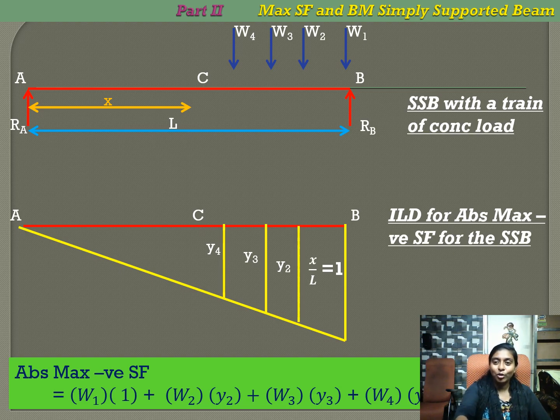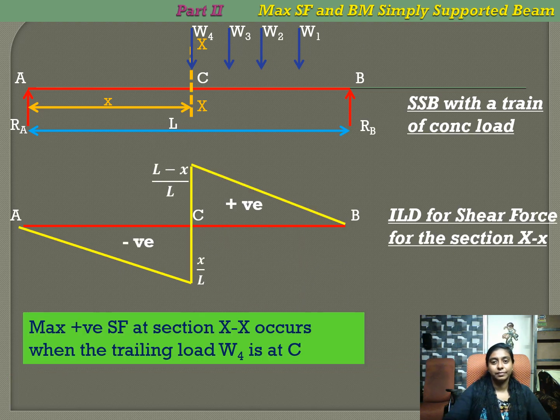Similarly, for the positive shear forces, the tail or the trailing load should be at C. The other loads are placed as usual, at the distances given for you.